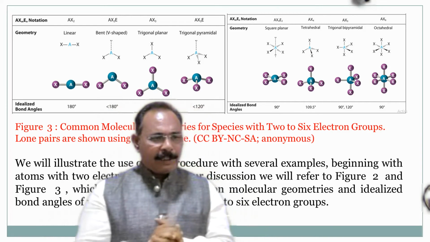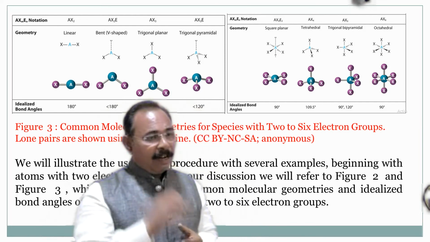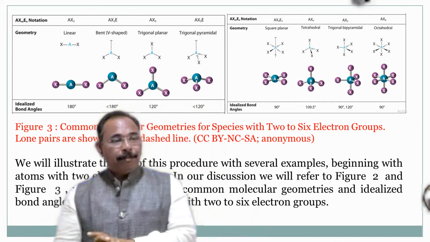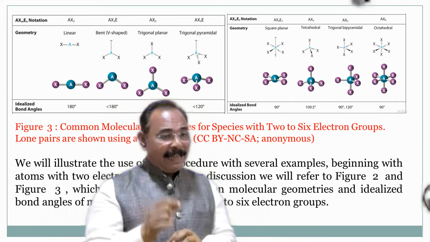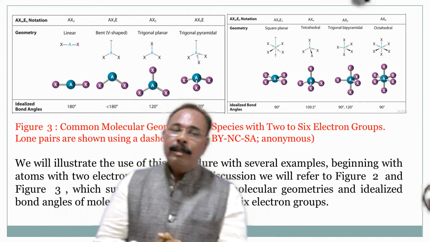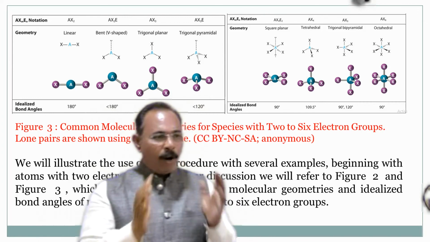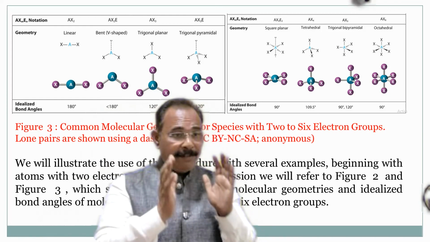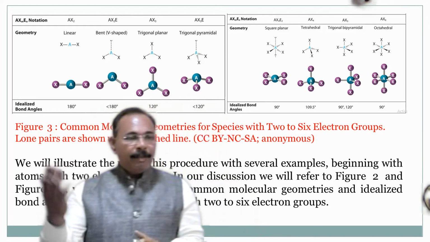Then determine the electron group arrangement around the central atom that minimizes the repulsion, assign an AXmEn designation, then identify the lone pair-lone pair, lone pair-bond pair, or bond pair-bond pair interactions, and predict deviations from ideal bond angles. And finally, describe the molecular geometry.